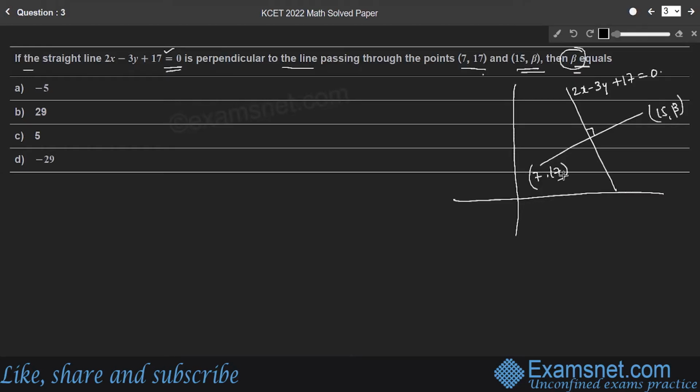So students, when two lines are perpendicular to each other, the product of their slopes is always equal to minus 1, right?